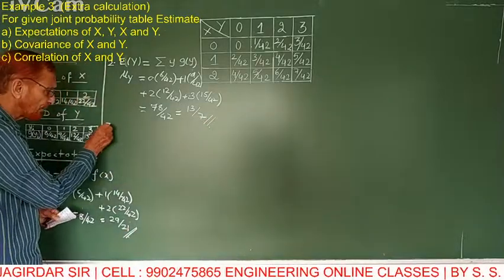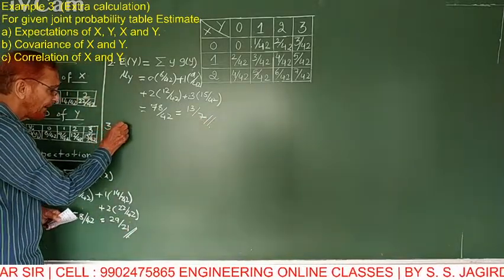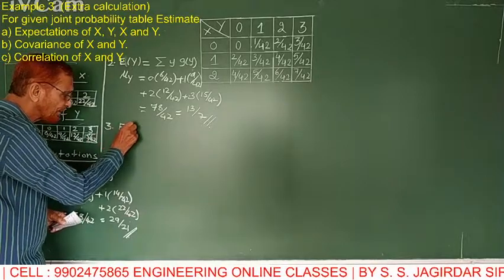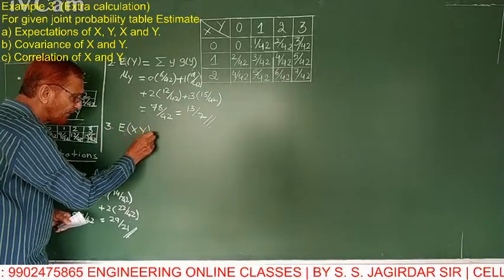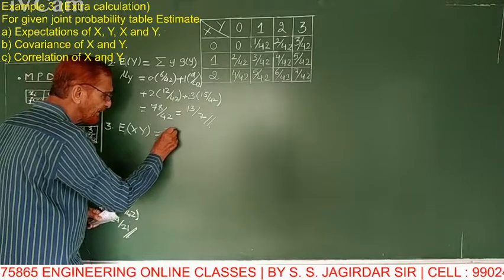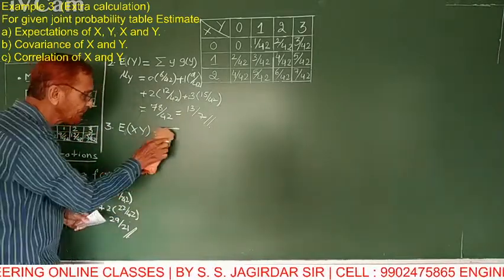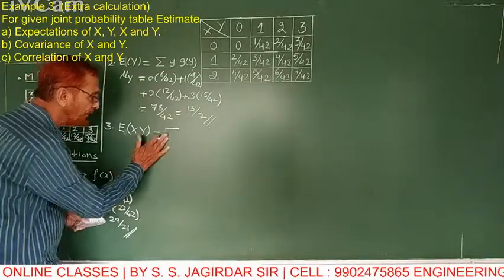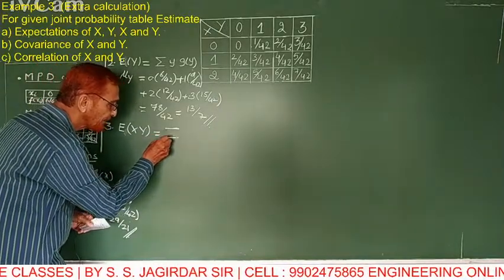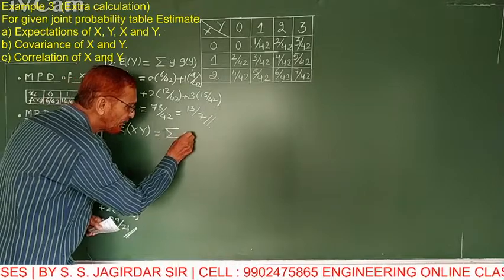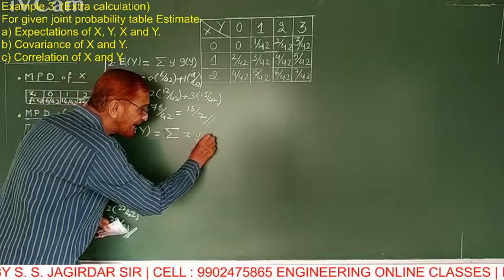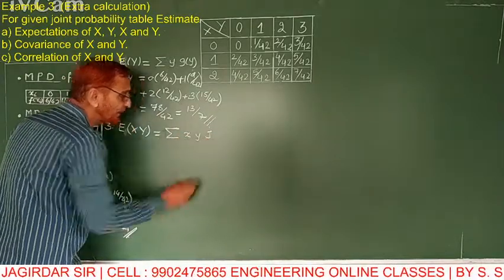Now third we will go for expectation of xy. Expectation of xy is equal to sigma x value, y value, and their corresponding joint probability value.